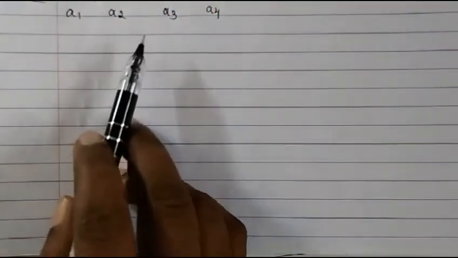So let's see quickly. Now for the 10th part we consider this as a1, this a2, this a3 and this a4. We have to check whether it is an AP or not.